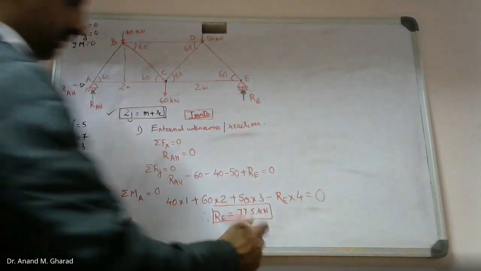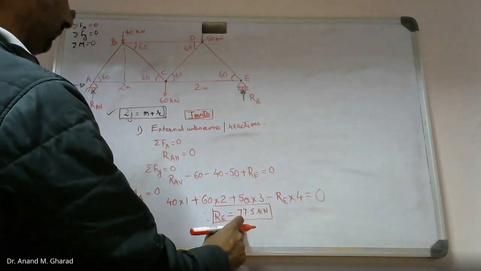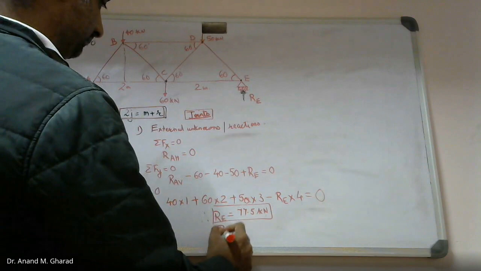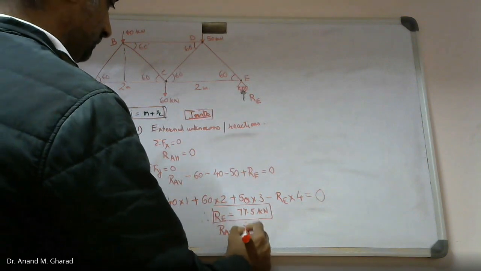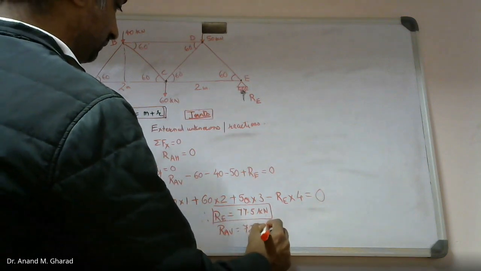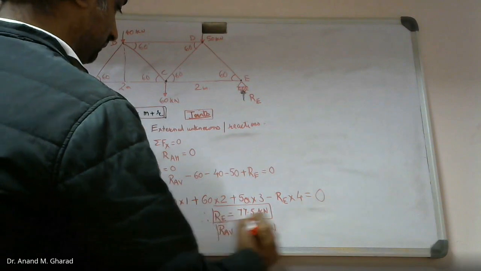Next, what about RAV? 72.5 kilonewton. Both are positive?